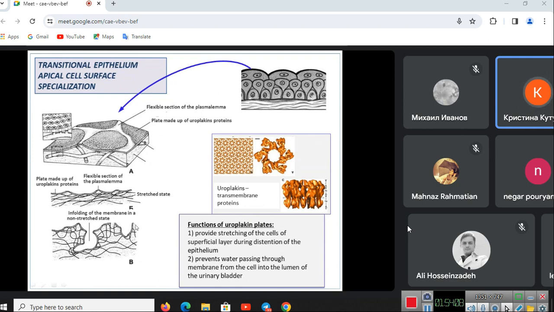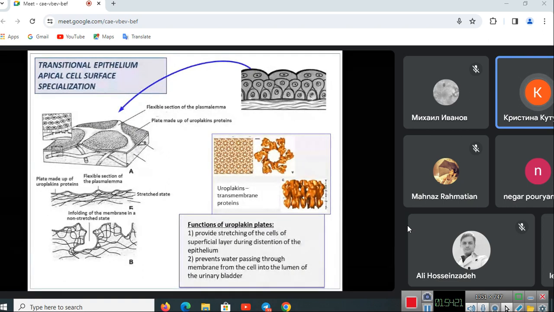infolding inside of the cytoplasm of the cells. So the part of membrane makes the infoldings, and the surface area of the apical surface of the cell decreases when the epithelium is not stretched. But when it gets stretched once again, these folds go out and the apical surface gets stretched.